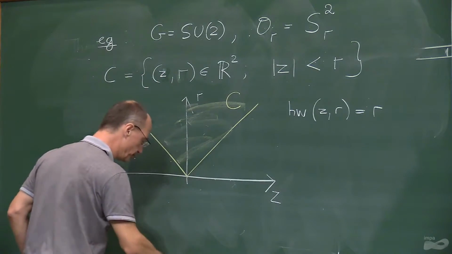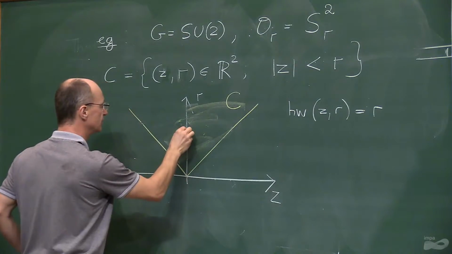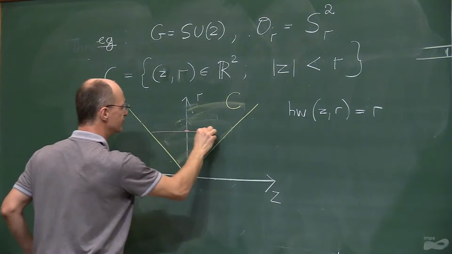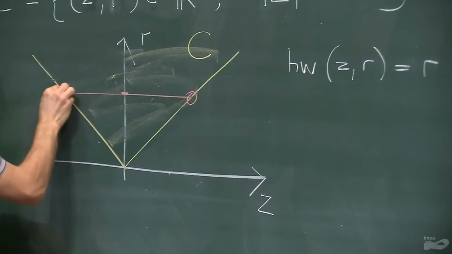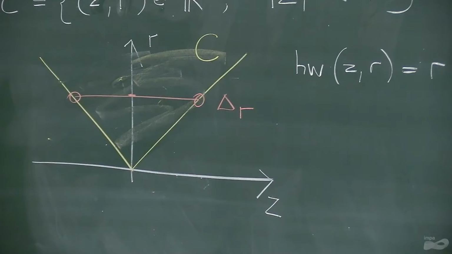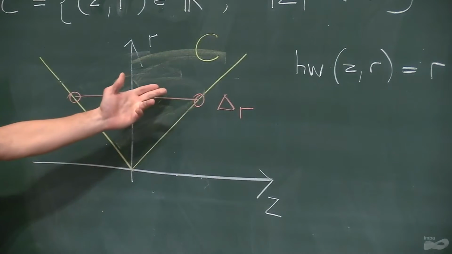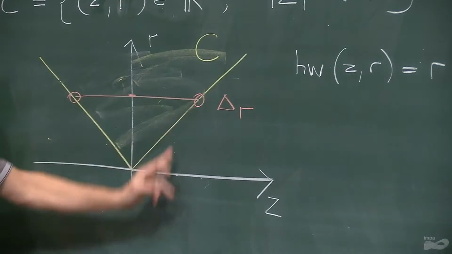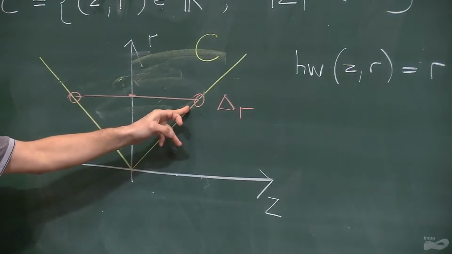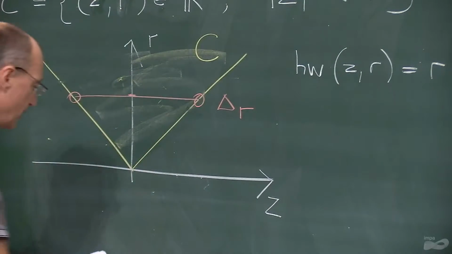And the polytope delta R, suppose I've chosen some R, is of course now just a segment which extends along Z from minus R to R, right?